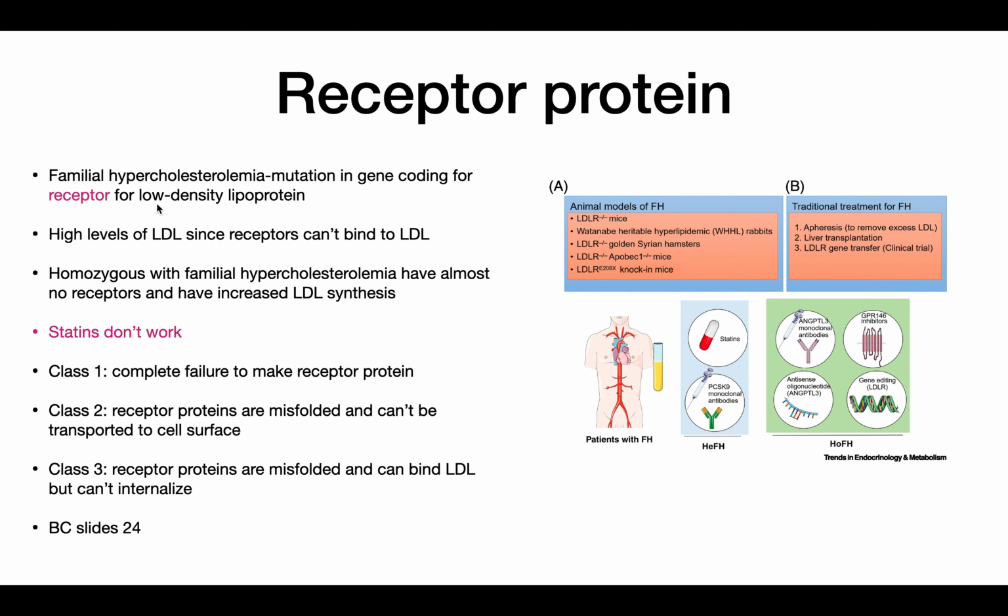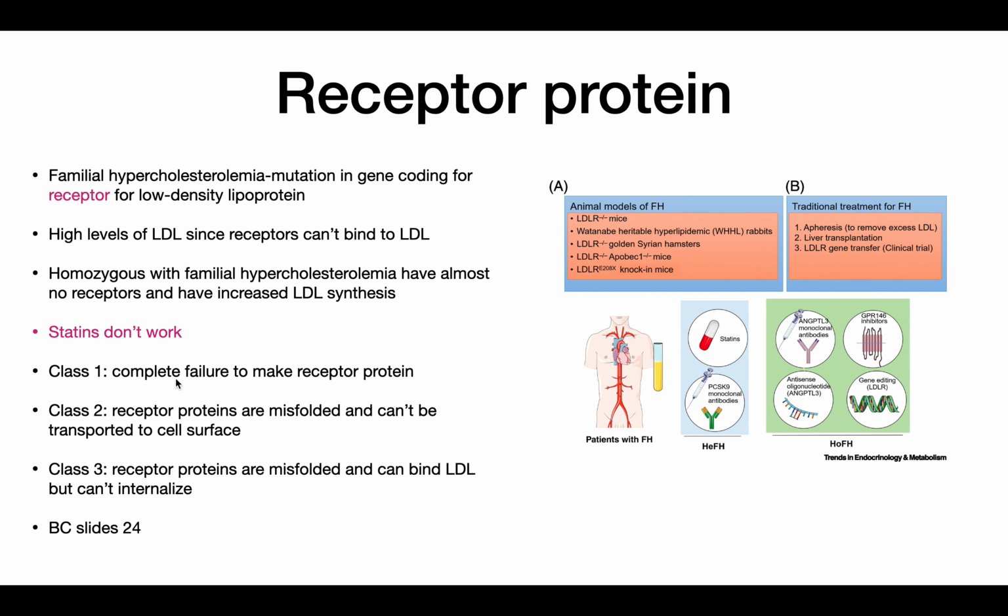Receptor protein deficiencies, the most well-known one is familial hypercholesterolemia, and that is a mutation in the gene coding for the receptor for LDL. So in the serum, there's going to be high levels of LDL. And statins don't work in individuals who are homozygous, because there are basically no receptors.